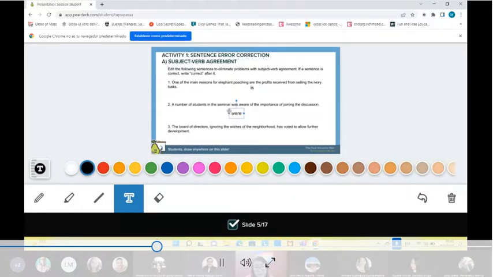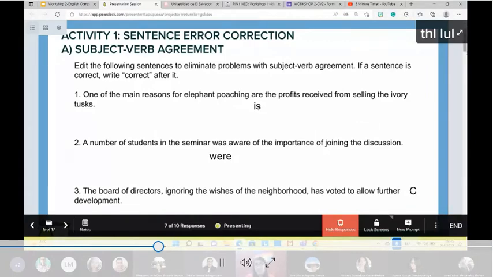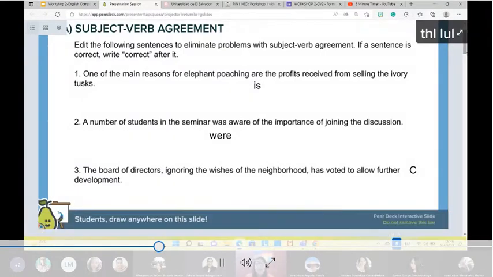What do you think about the last one? Is it correct or incorrect? Letter C, that means it is correct. So this is what you're supposed to have. First one, we have issues. "1" and "is."